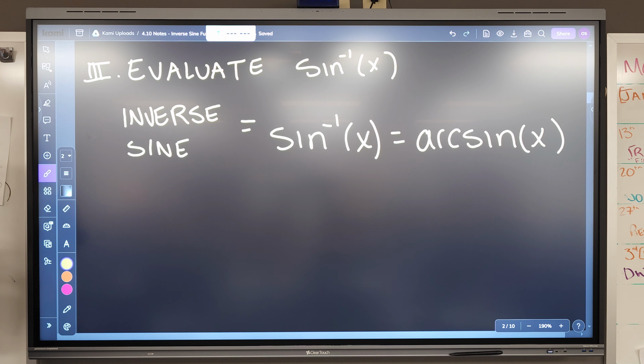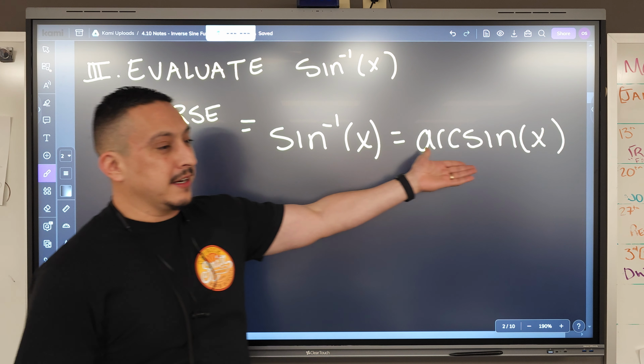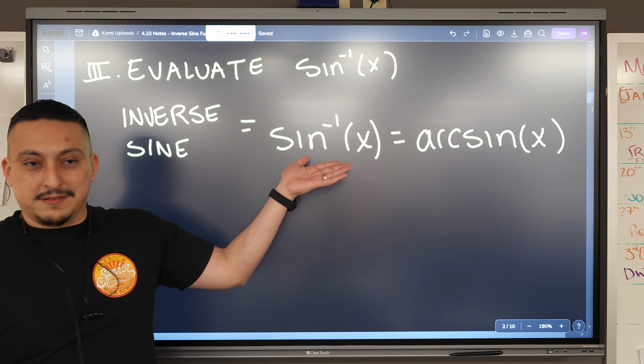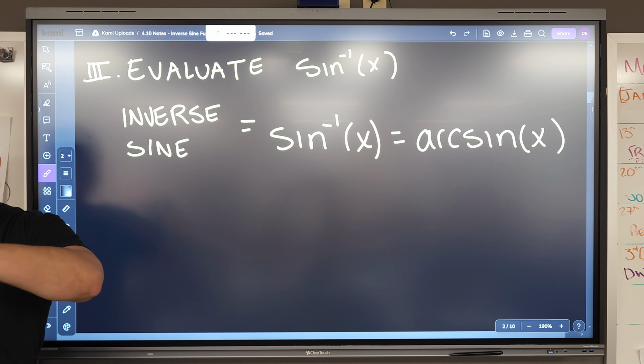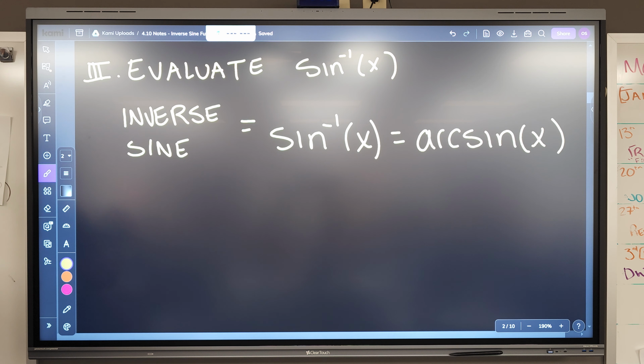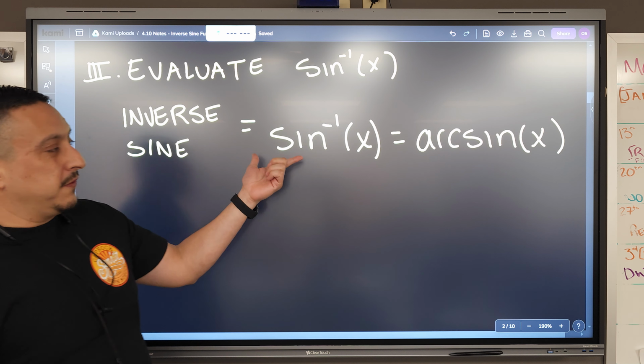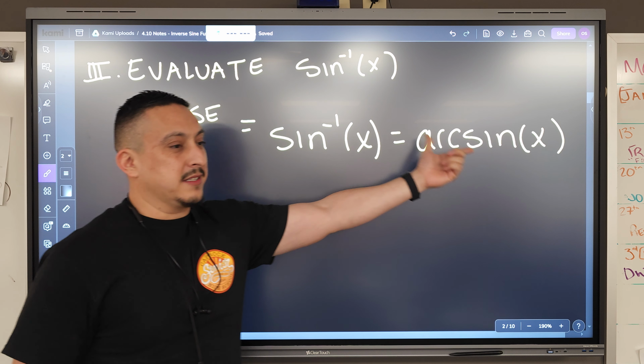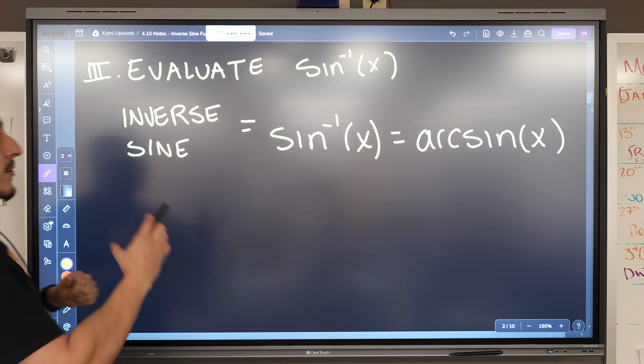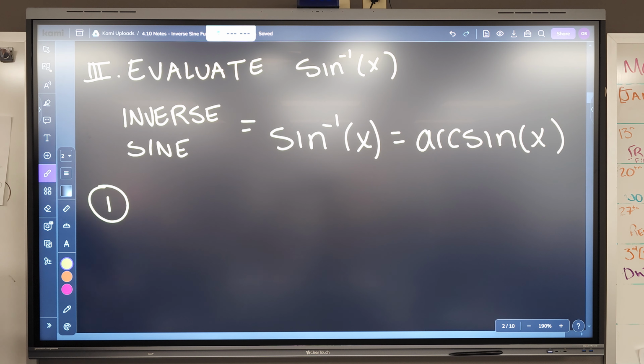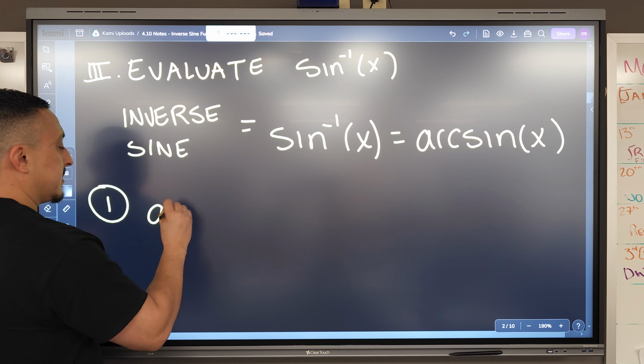So we will, without even thinking about it, switch these out because they're the same exact thing. So don't get confused if you see arc sine, that's this. They're all the same. We're good? So on the homework, on the quiz, on today, we'll flip back and forth because they're the same exact thing.